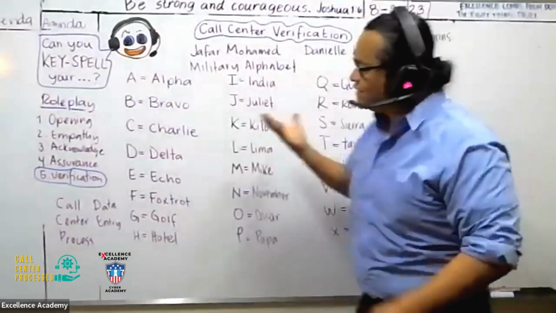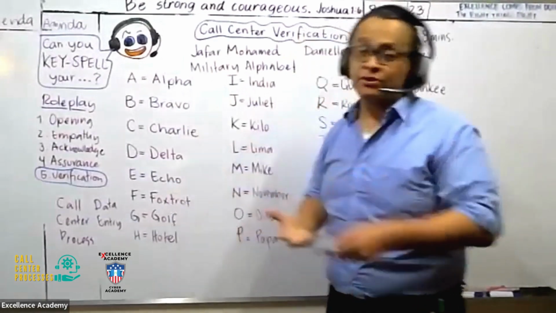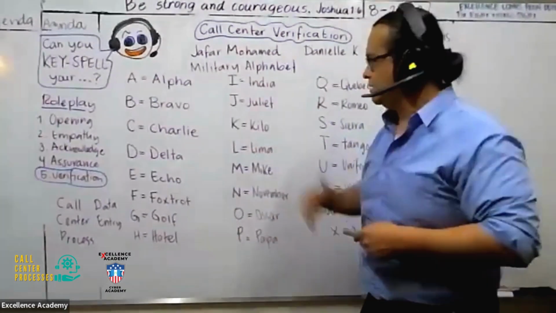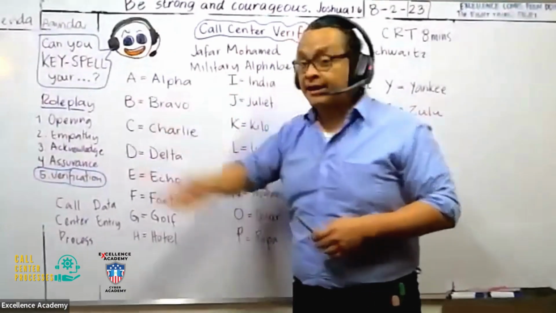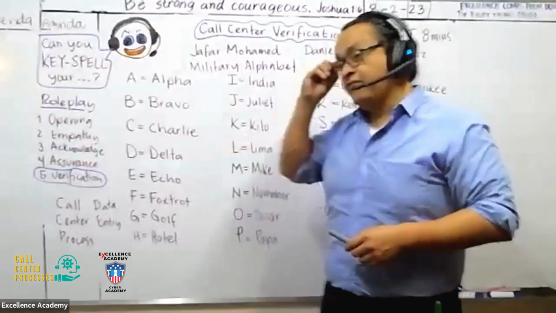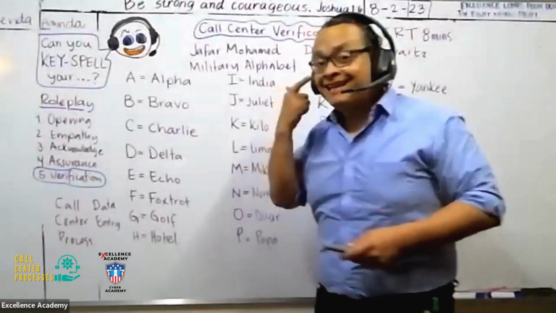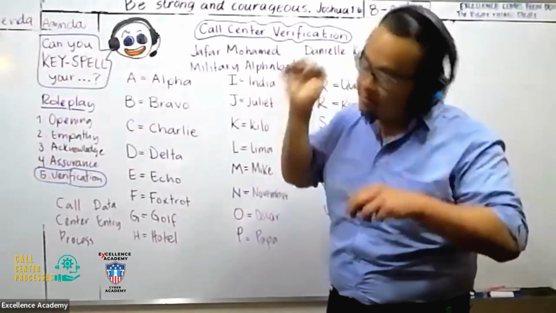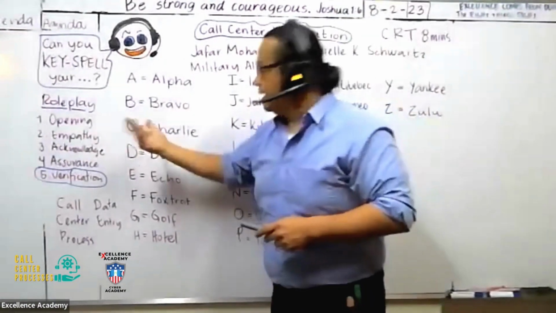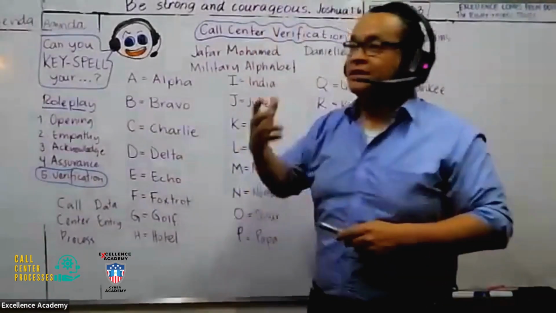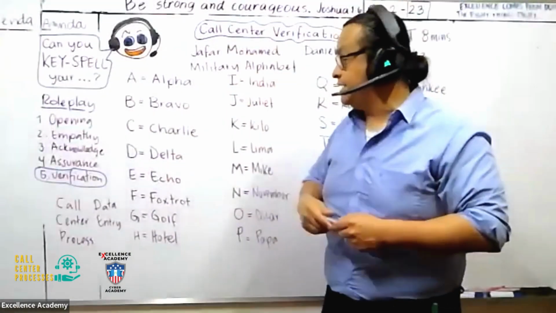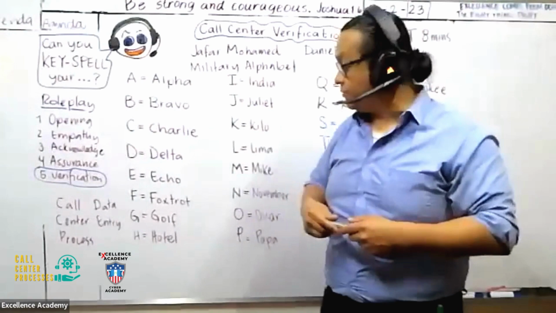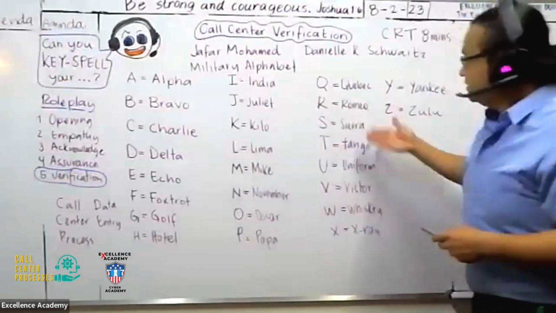Or if the customer doesn't know this standard, customers will use their own creative ways, right? They'll give you A for Adam, A for Apple, A for America, but that's the key that you need. You need to listen to that keyword so you're able to identify it and put it in the system. C for Charlie is the standard, but they can come up with other very creative names, like T for tomato instead of T for Tango.